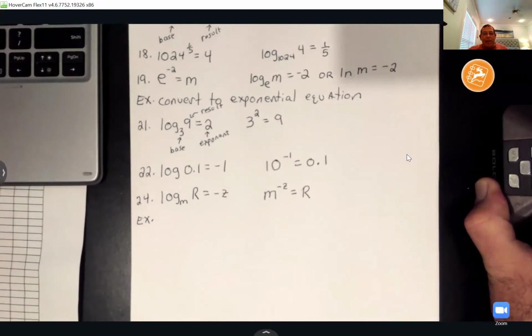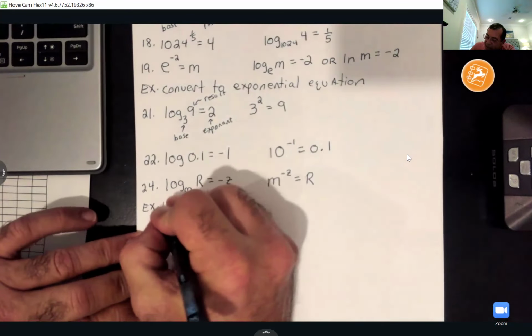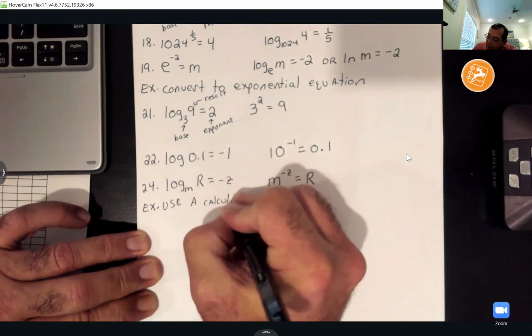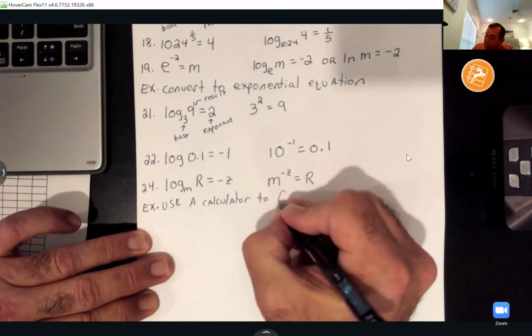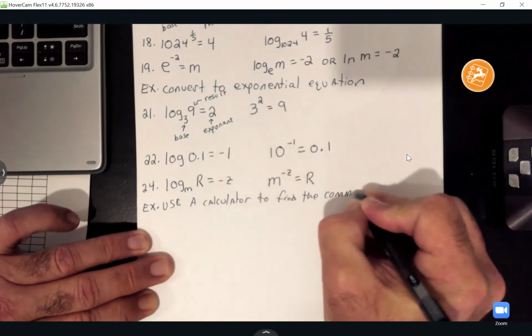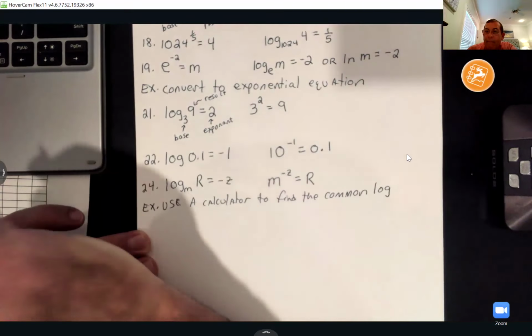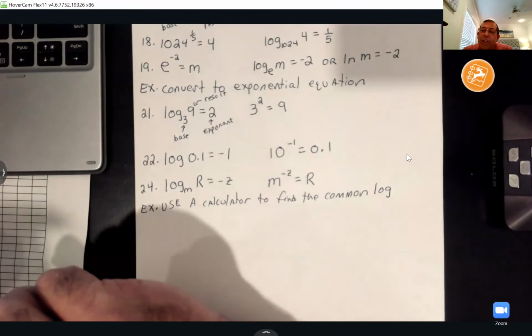Now, y'all, here's the thing. Once you get around number 25, they actually say use a calculator to find the common logs. Hey, I got a question. Where's the log button in the MathLab? You write log.